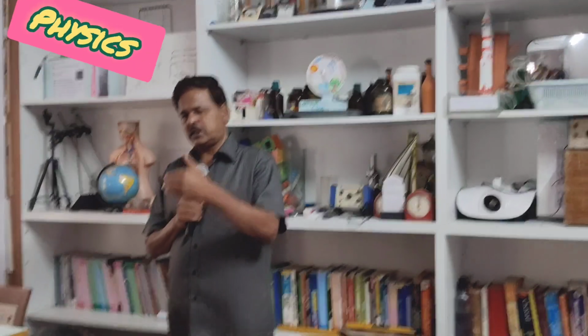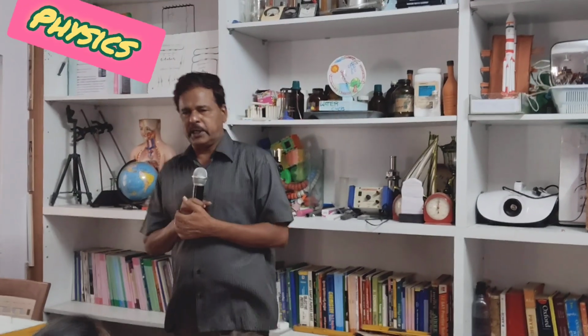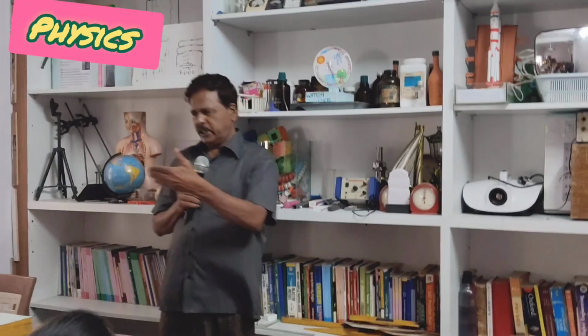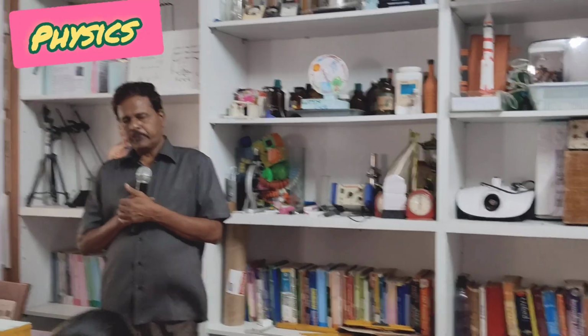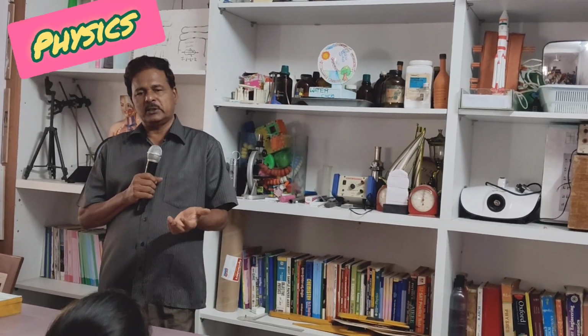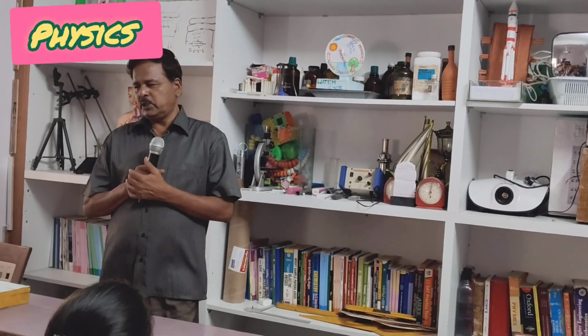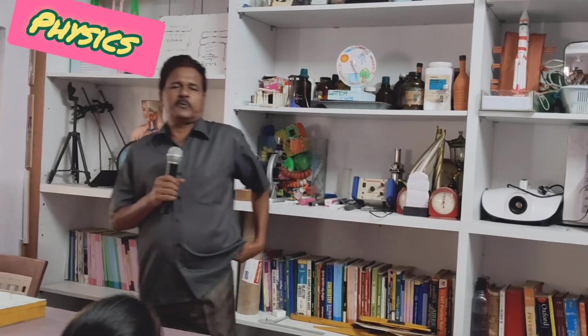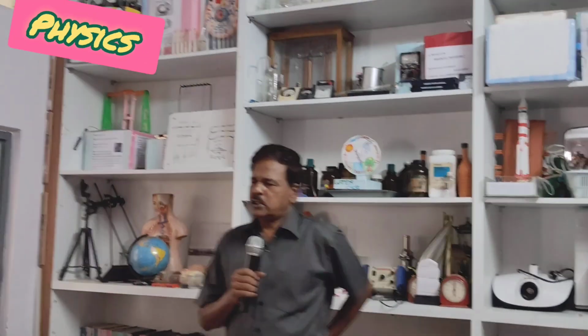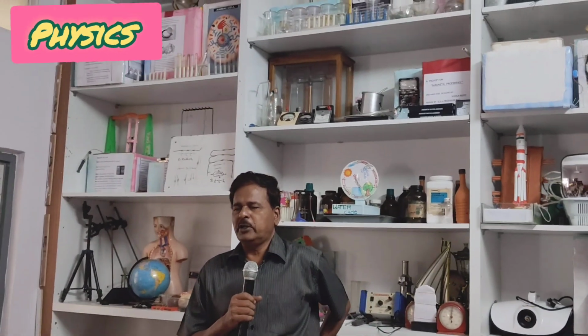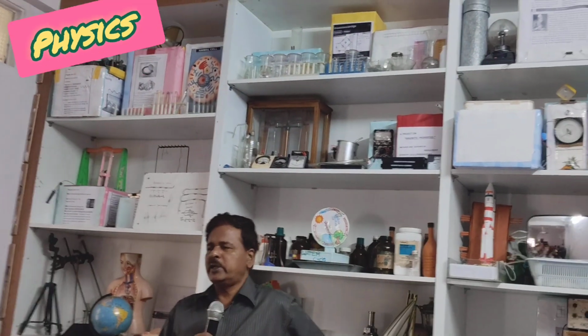If an object is at a distance of 25 centimeters from the eye, then only we can read or see it. The minimum distance between the eye and the object, at which we can see or read it, is known as the least distance of distinct vision. In case of a healthy person, its value is 25 centimeters.